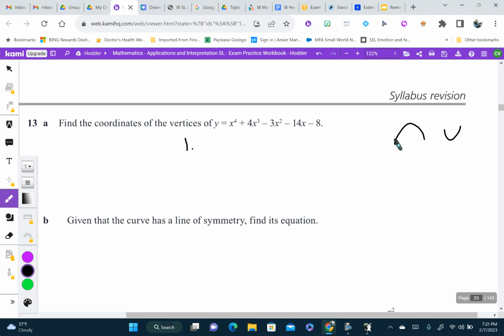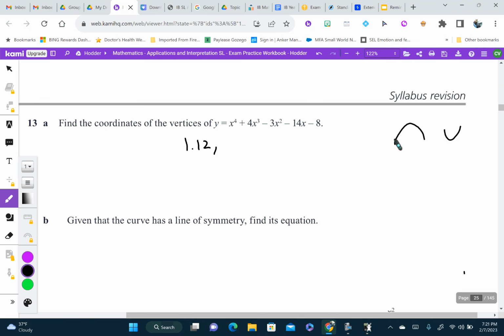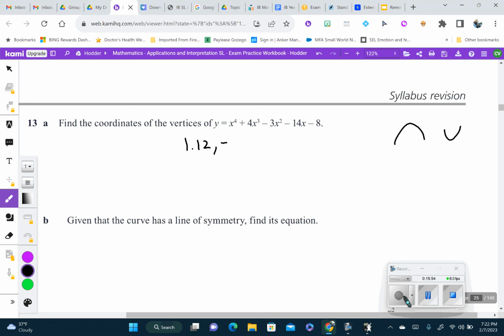So 1.12, comma, and then my other number is negative 20.25, which to 3 significant figures is negative 20.3. Negative 20.3. So that's one coordinate, and you're going to find the other ones.